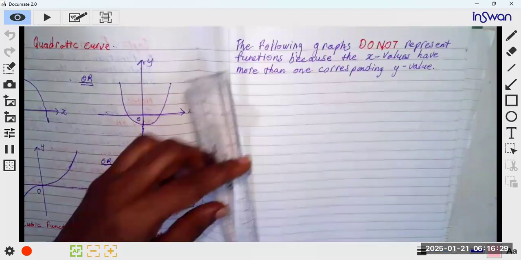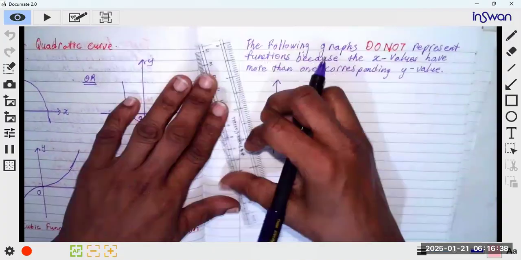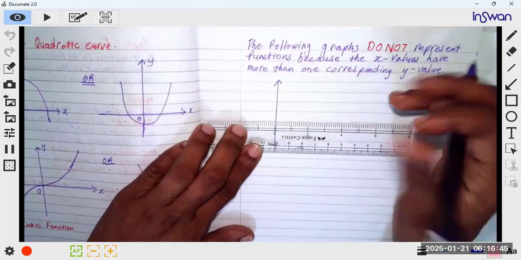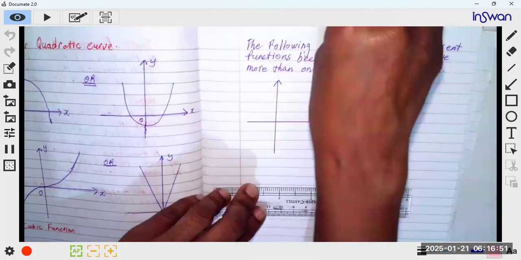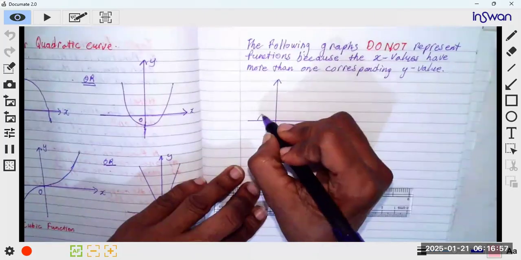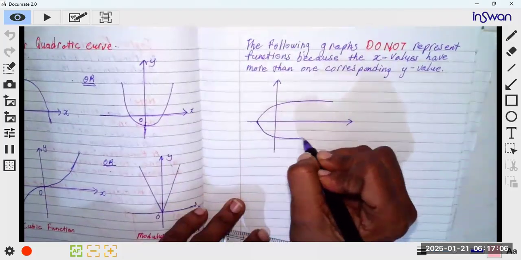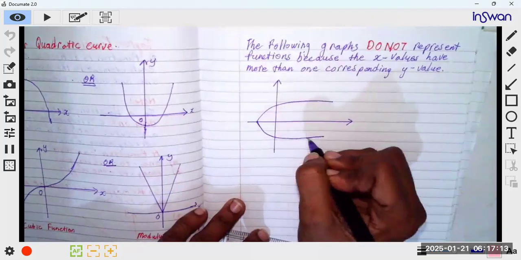So for instance, let me show it. If your graph looks like this, I think I need to turn it to the side. And if I can make it accurate, yes, I think I can. So if the graph looks like that, that's one. And the other one will look like this.